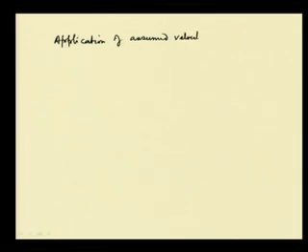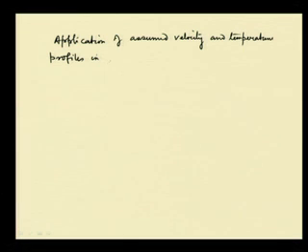Now, we will apply the approximate analysis. We will try to see by applying a temperature profile also in the energy integral equation. So, application of assumed velocity and temperature profiles in the energy integral equation.